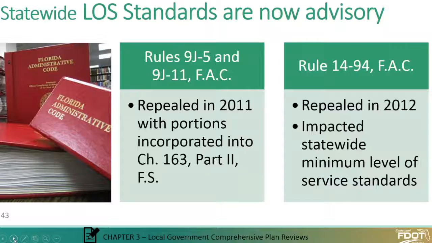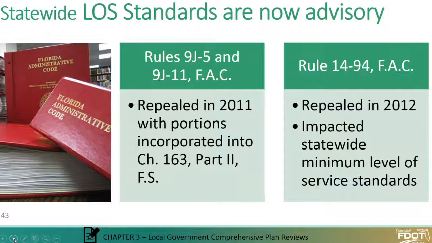I also wanted to make another note that local governments are still required under 163 to adopt level of service standards. What was repealed is the state-mandated standards, so that locals can develop what standards they believe are adequate for their jurisdiction.